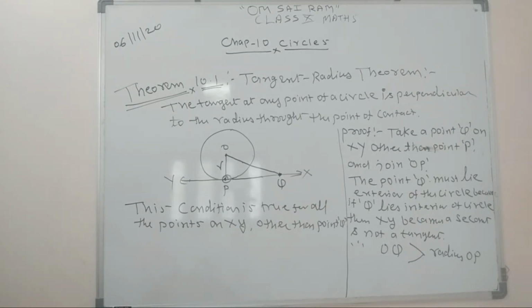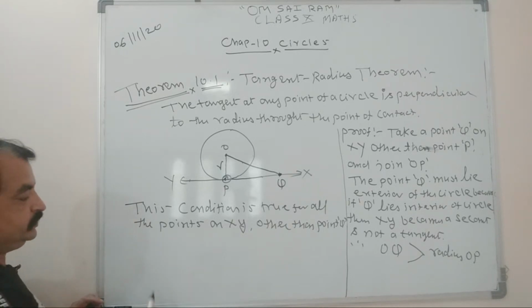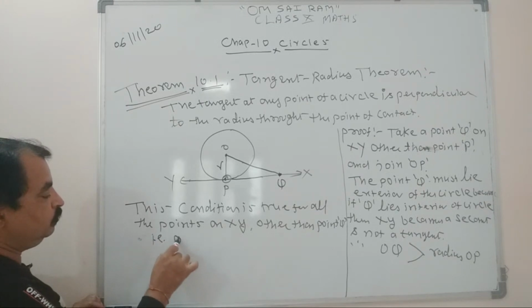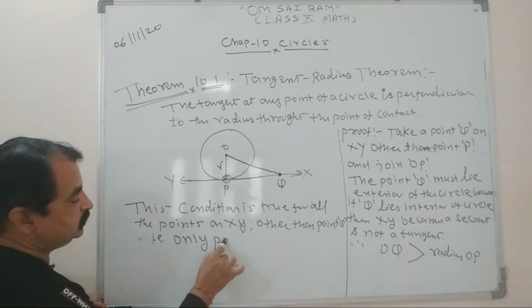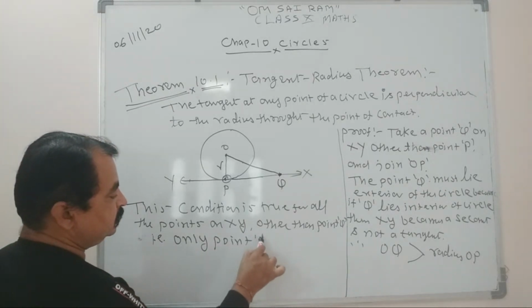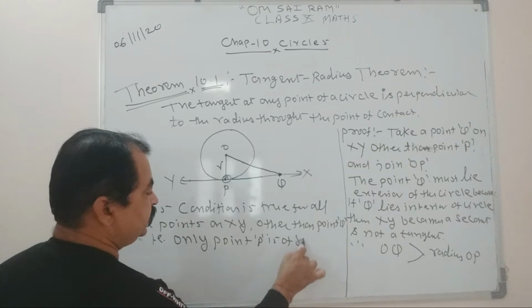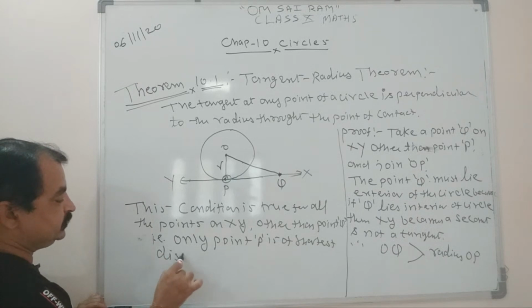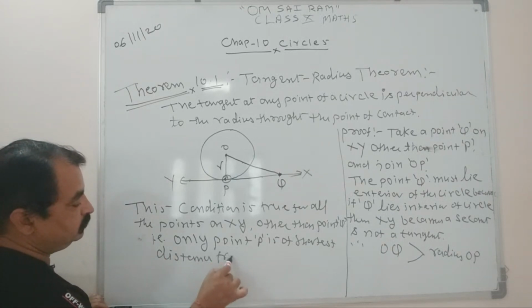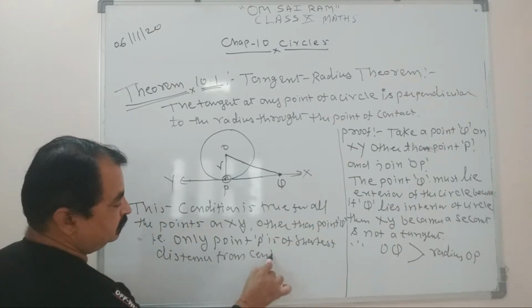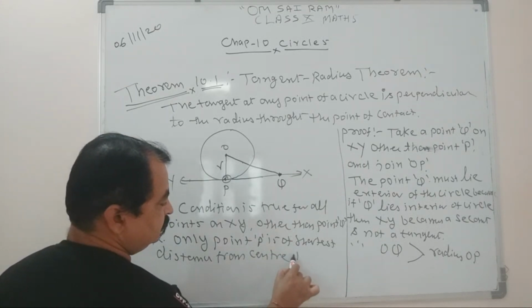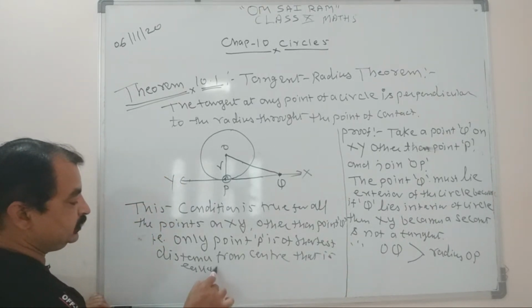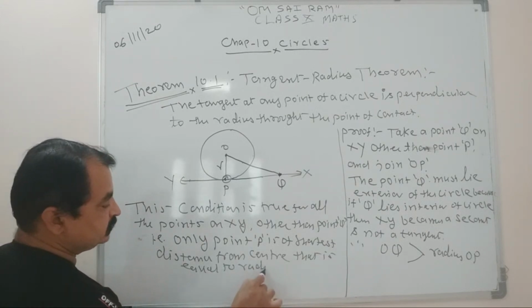This means what? OP, only OP is the shortest distance. That means, in short you can write, only point P is of shortest distance from the center, that is equal to the radius, children, equal to the radius.